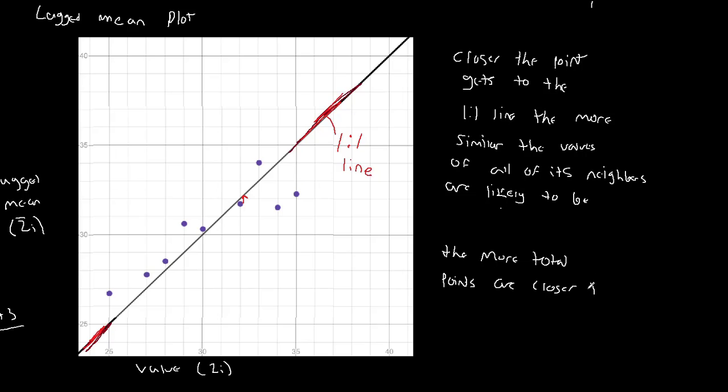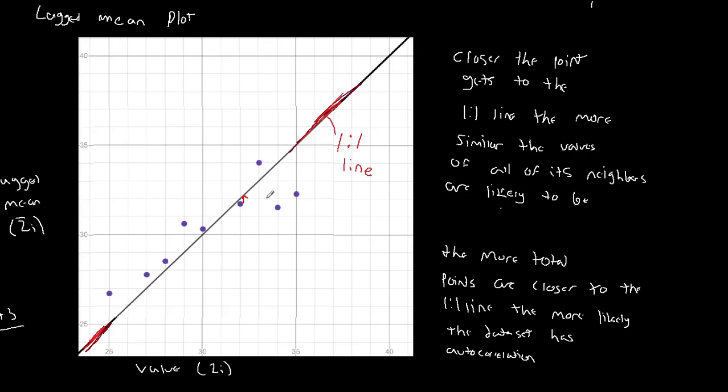The more total points are closer to the one-to-one line, the more likely the data set has autocorrelation. Because the more points you have closer to this line, the more likely you have these groups.